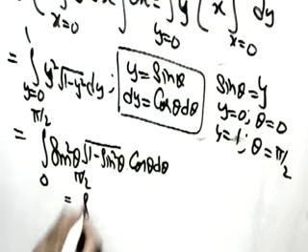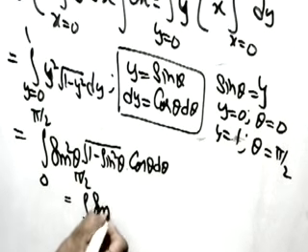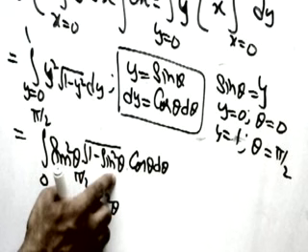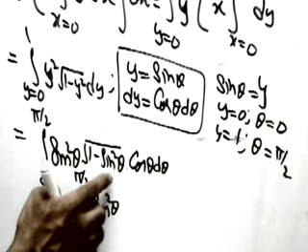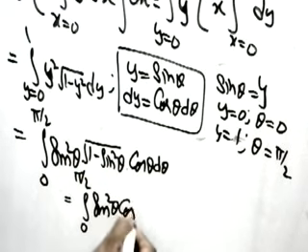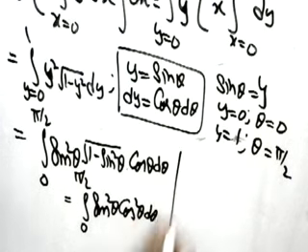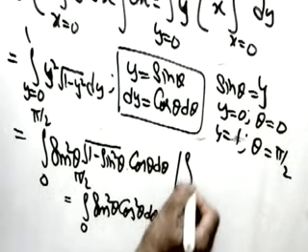So this will become the integration from 0 to pi by 2 of sine square theta. 1 minus sine square theta is cos square theta. The square root gets cancelled, cos theta into cos theta, cos square theta d theta.